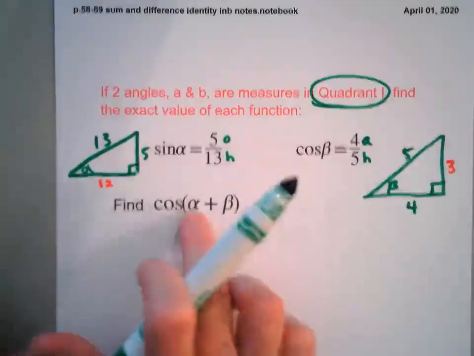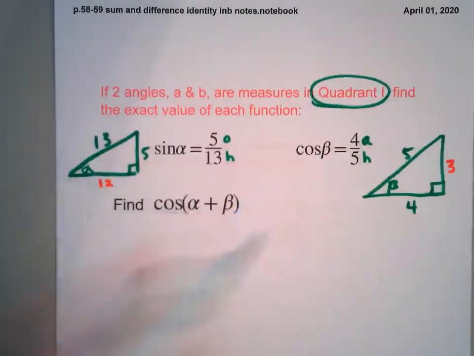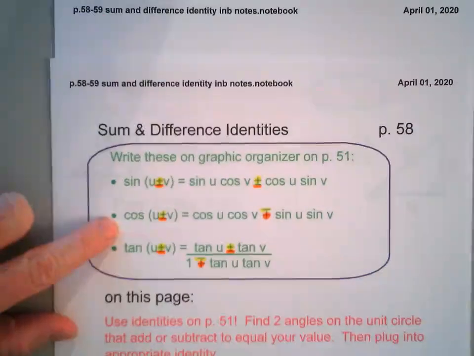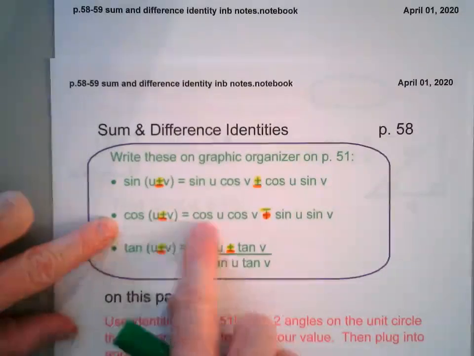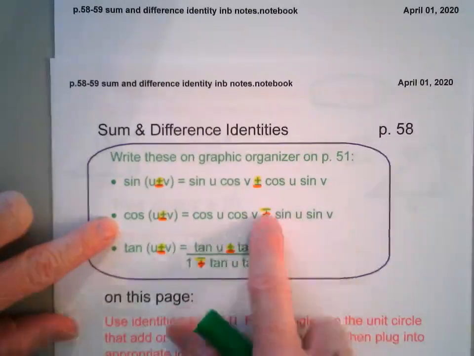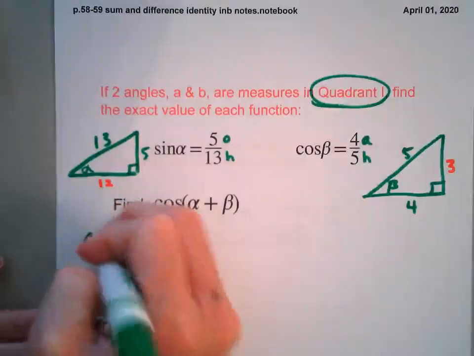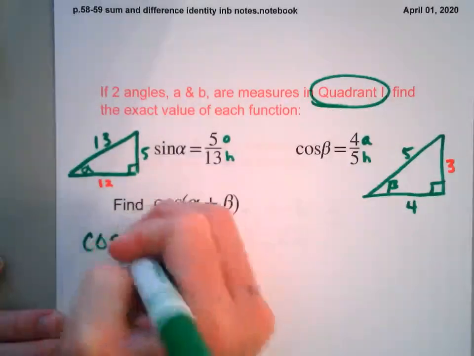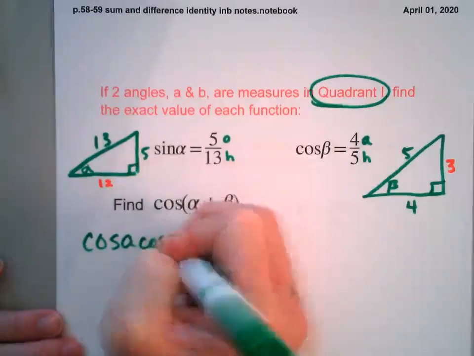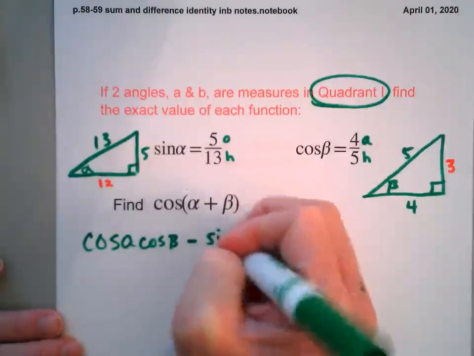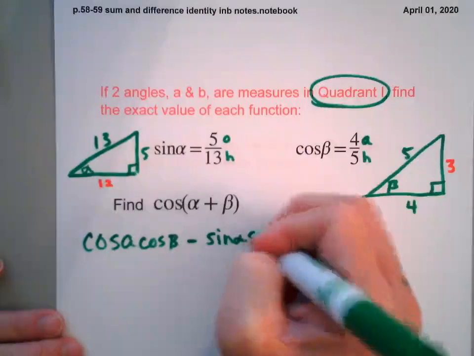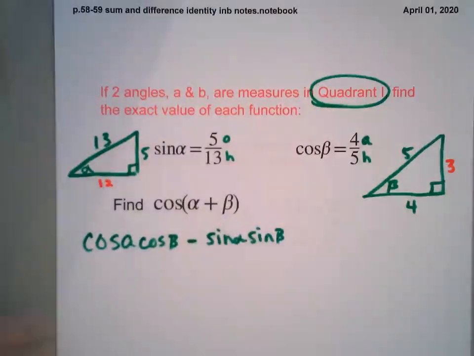All right, cosine addition. So cosine addition, cosine cosine, sine sine with a subtraction in the middle. So we got cosine alpha cosine beta minus sine alpha sine beta.